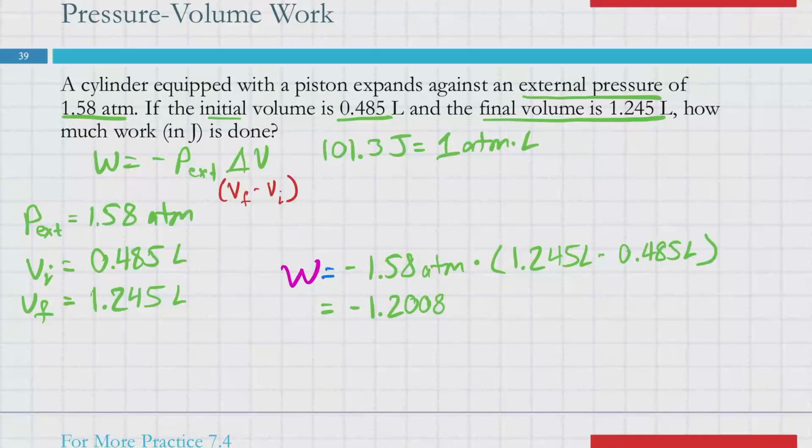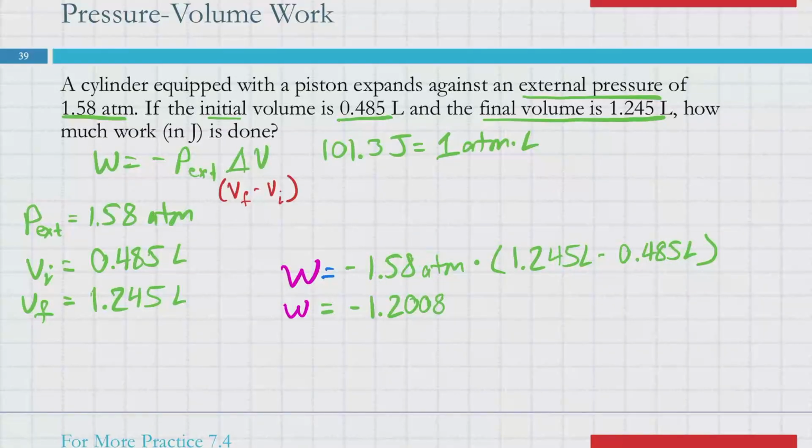Is that our final answer? What are the units of the work that we calculated? The units here, we subtracted liters, so we'll still have a value of liters here.